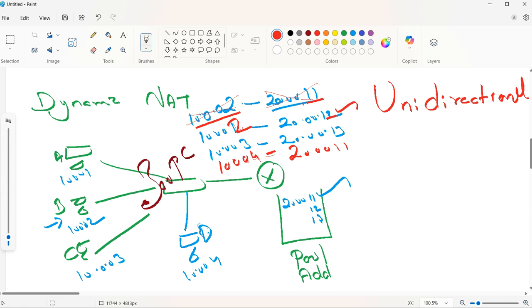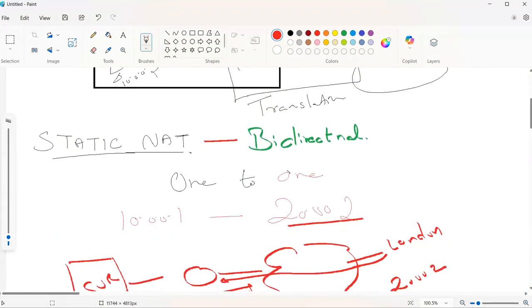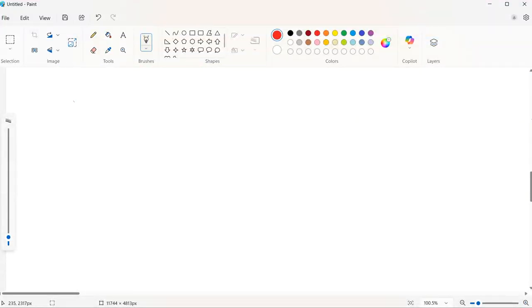Static NAT, yes, we do use, because sometimes we want someone from outside to come and access your lab, your server, something like that. So what is used in the real world? After static NAT, dynamic NAT overloading.